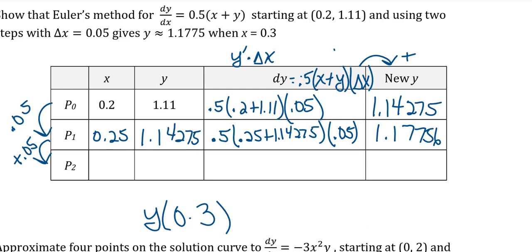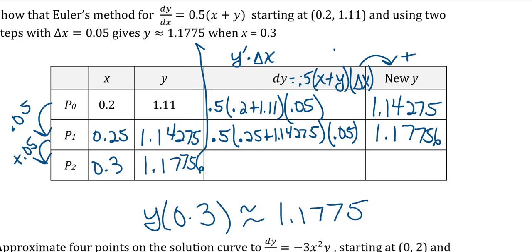So I just have to do it one more time, because when I add my next x, I am at the x value I'm approximating, 0.3, and I have my answer, because at 0.3, y is 1.17756, which is what we were hoping it would be. So we did verify it.